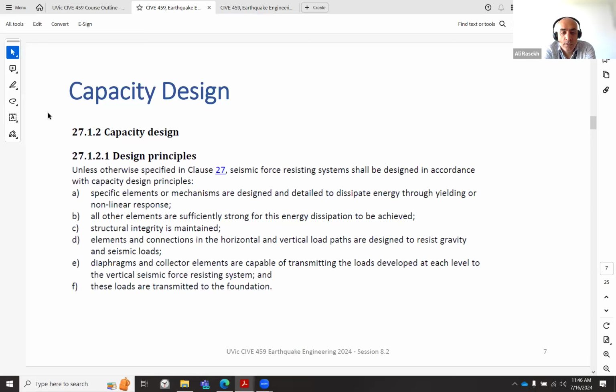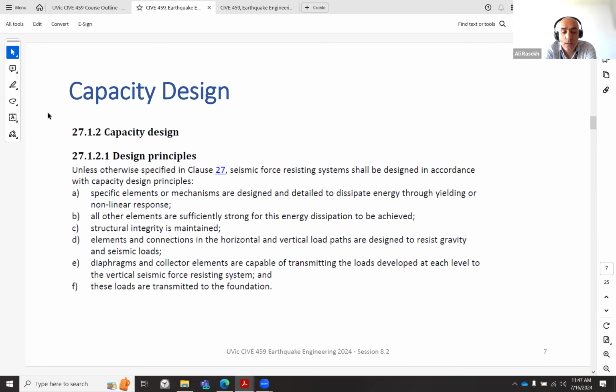Elements and connections in the horizontal and vertical load paths are designed to resist gravity and seismic loads, obviously, and then with capacity protection, because normally the connections are considered non-ductile and should be capacity protected. Diaphragms and collector elements are capable of transferring the loads developed at each level to the seismic force resisting system.